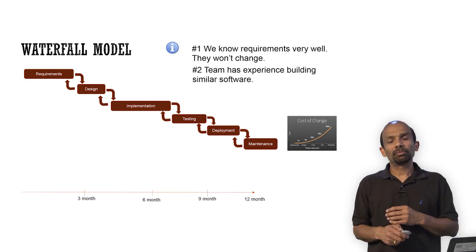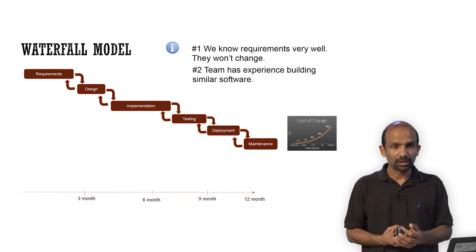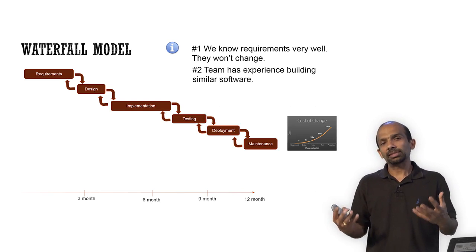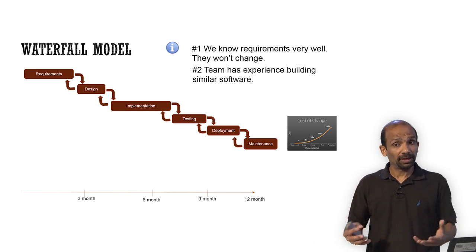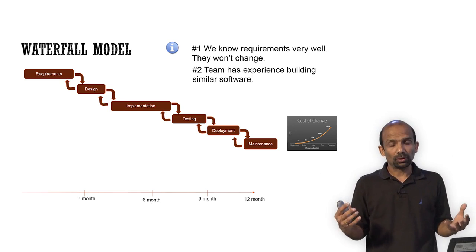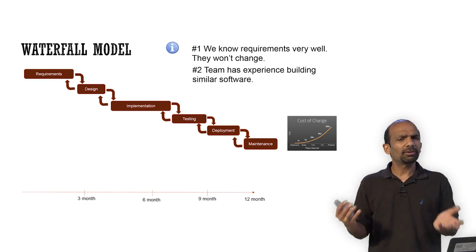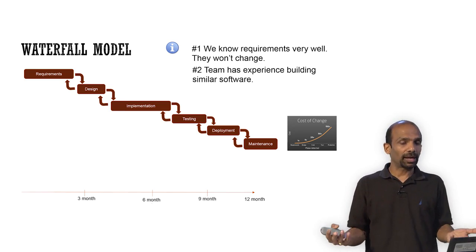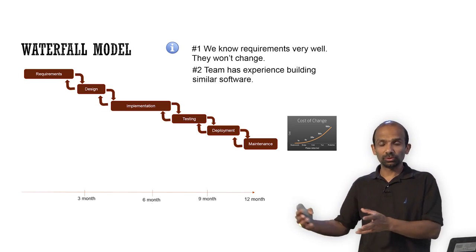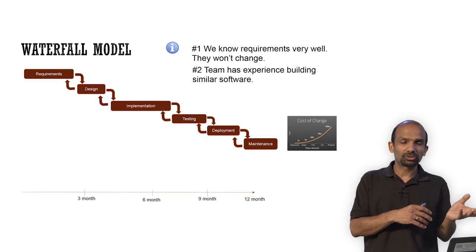The second assumption we make in this model is that the team has experience building similar software. Take an example: let's say the team is building software for an ATM machine and they have never done this before. They got the requirements and started designing the software, and since they have never done it, they made some design decisions that were not correct. But they will continue to build and then they will realize, oh, we made that decision wrong.